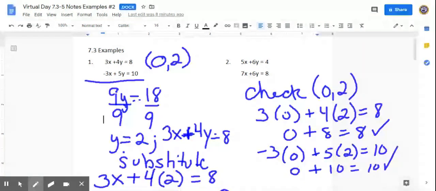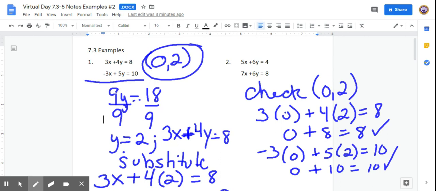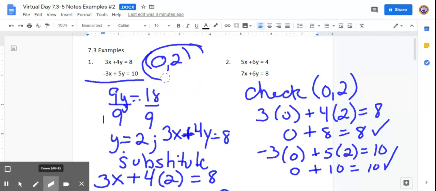Yes, it does. All right, so now we've checked. This, therefore, is our answer, 0, comma 2. Where do these two lines intersect? They intersect at 0, comma 2. All right, so now let's try the second one.